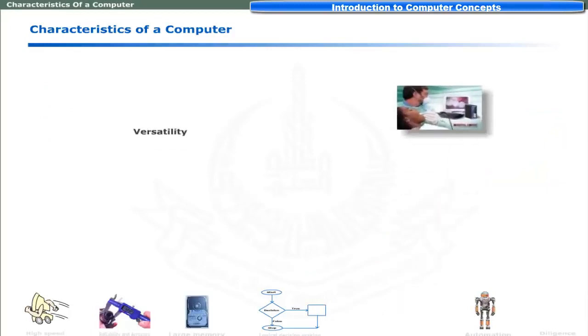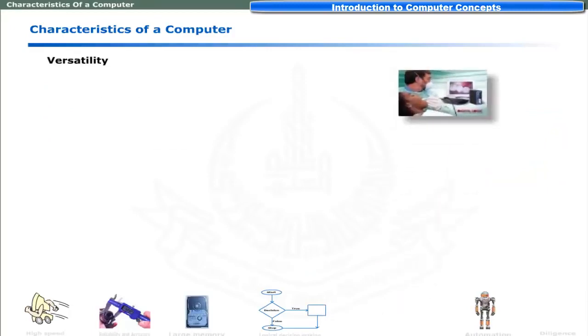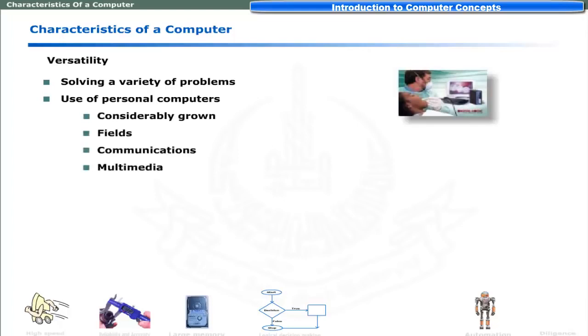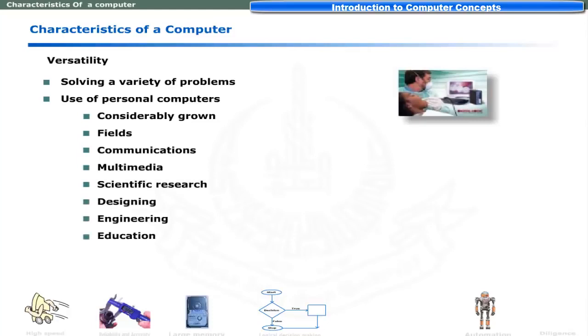Computer is a versatile machine. It is capable of solving a variety of problems. The use of personal computers has considerably grown in the fields of communications, multimedia, scientific research, designing, engineering, education, and entertainment.